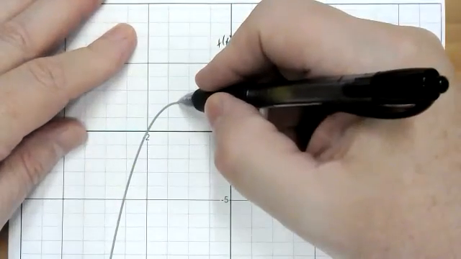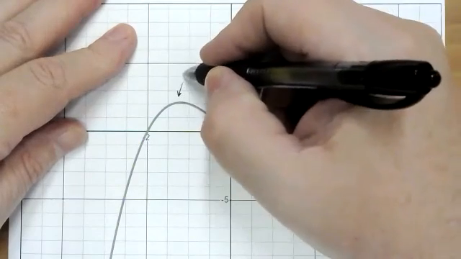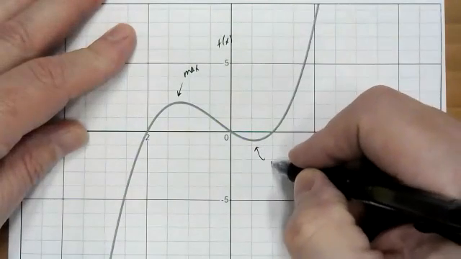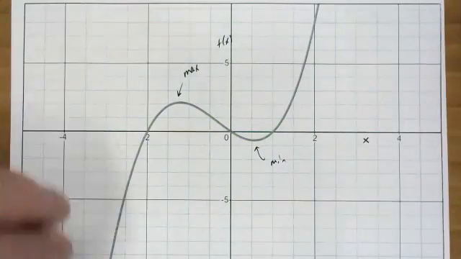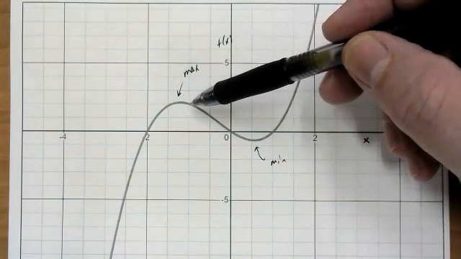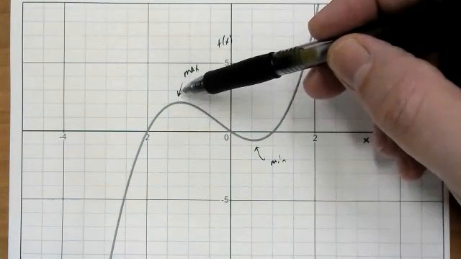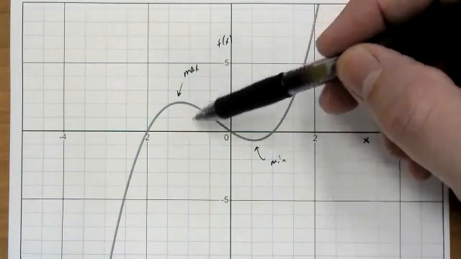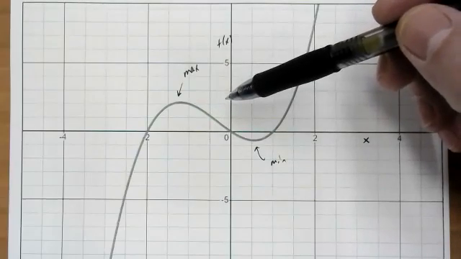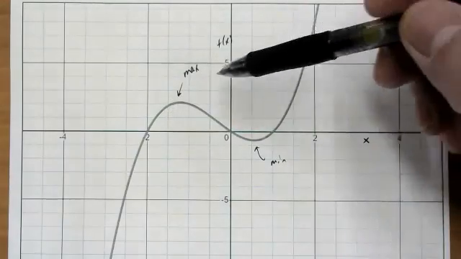Right in here we have a maximum, and down here we have a minimum. But if we were asked to find the value of x, because this maximum is not on one of my grid lines, it would strictly be a guess from looking at the graph.